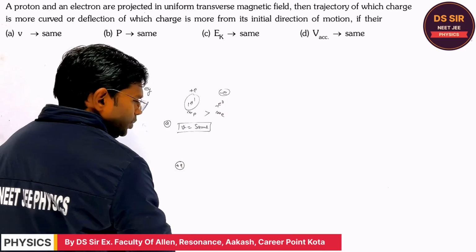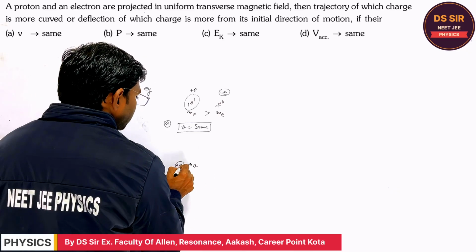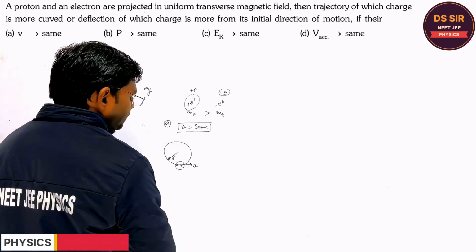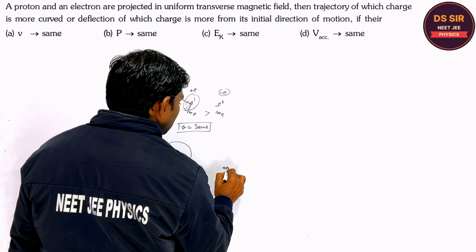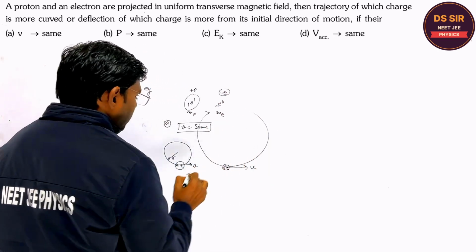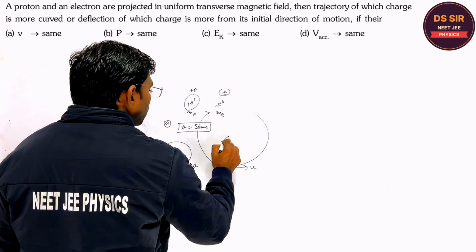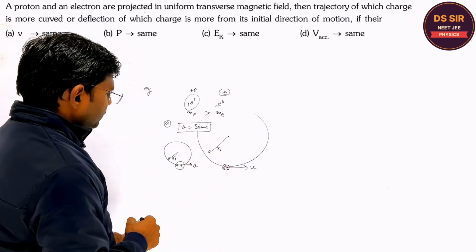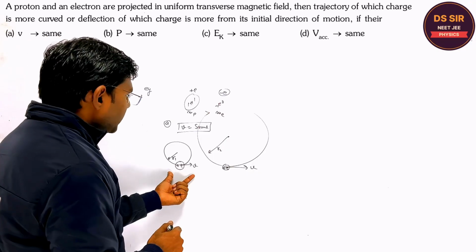Wait for 1 minute. If this is a plus q charge and it is thrown with velocity v, and its radius is this, are you getting? And if this is the plus q and this is the more v, are you getting or not? Which particle is more deviated? The first particle is more deviated.